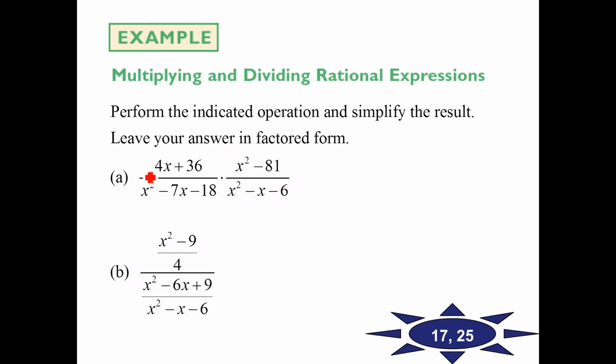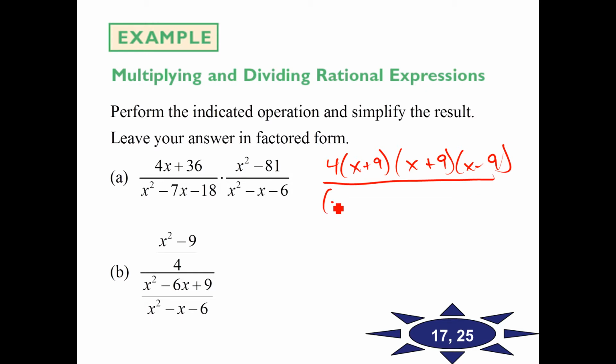Okay, so let's try this. Let's simplify first, and then we'll cancel. So 4 times x plus 9, and then this is x plus 9, x minus 9. And then we've got x minus 9 and an x plus 2. And we've got an x minus 3 and an x plus 2.